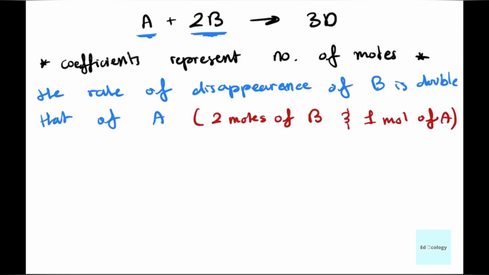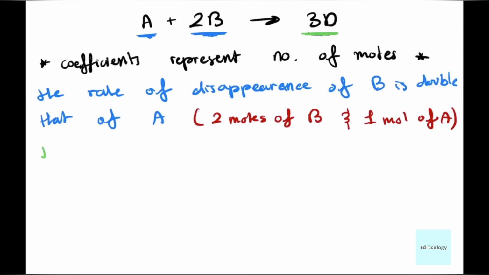Now, what about the rate of appearance? So, how would you compare the rate of appearance of 3D compared to that of A?